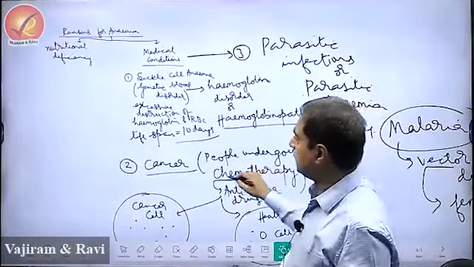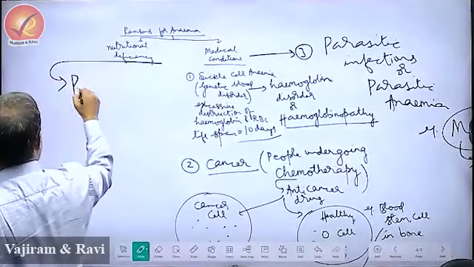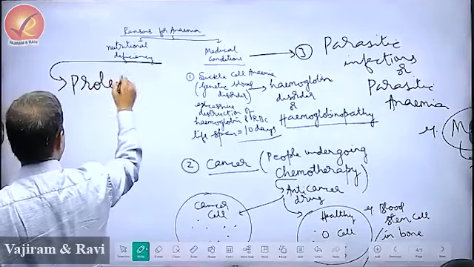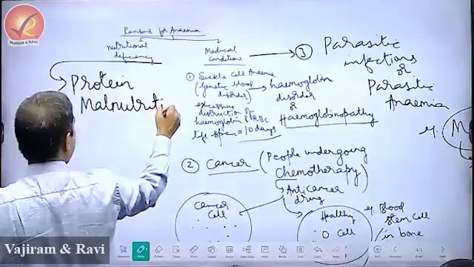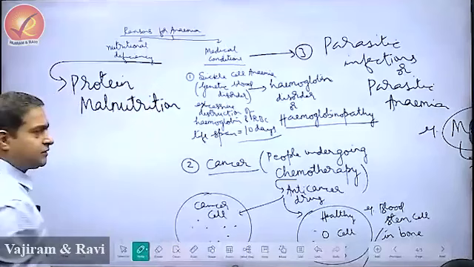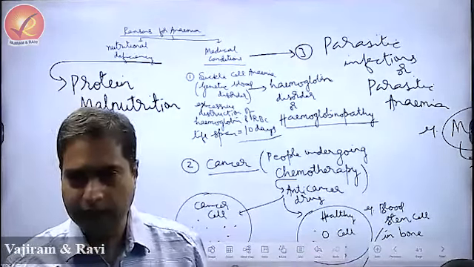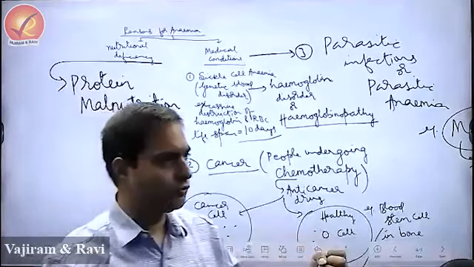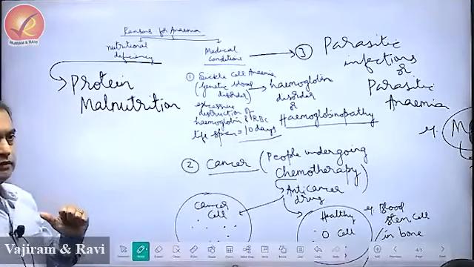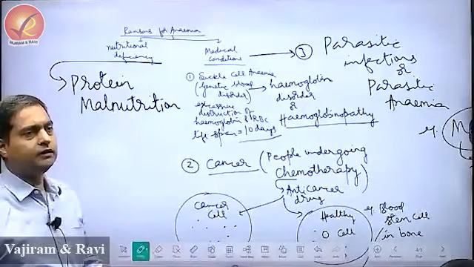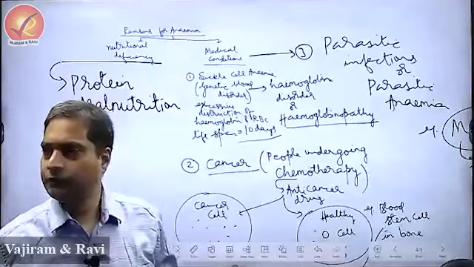Now regarding nutritional deficiency, protein malnutrition can cause anemia, because ultimately for the body to produce hemoglobin, protein, it requires the raw material of protein from a food source. If there is protein deficiency in your body, then automatically the body will not be able to provide raw materials or amino acids to make the final protein.